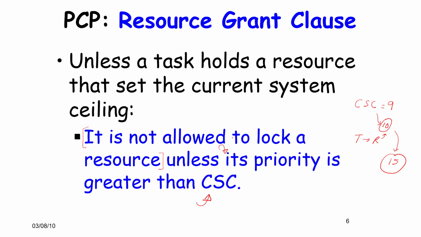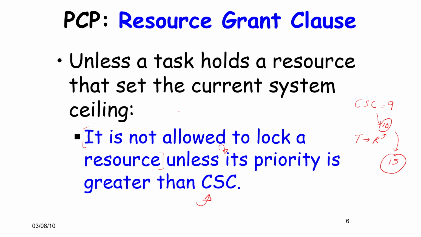So, if we actually think about it, if we look at this protocol, what we will basically see is that the system ceiling is the most important variable here. And furthermore, if I have set the system ceiling to a certain value, then for any other task to come and lock a resource, it needs to have a very high priority, much greater than my priority.